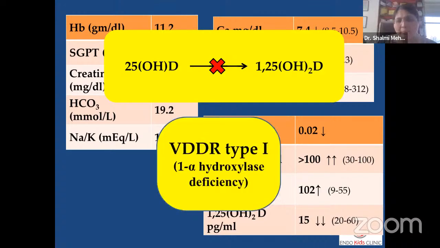Vitamin D dependent rickets type 2 is where you're making a lot of 1,25, that is, you're making a lot of active vitamin D, but it is not able to act on the receptors. So when you have a receptor deficiency, that is your VDDR type 2. When you're not making the active vitamin D, that is your VDDR type 1.